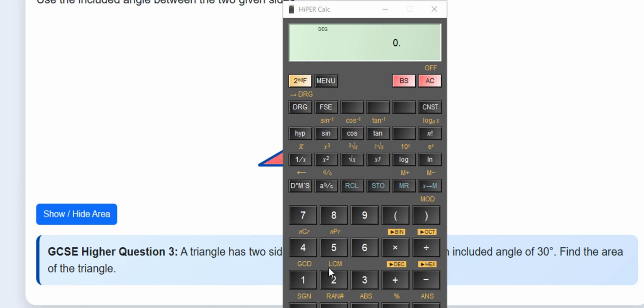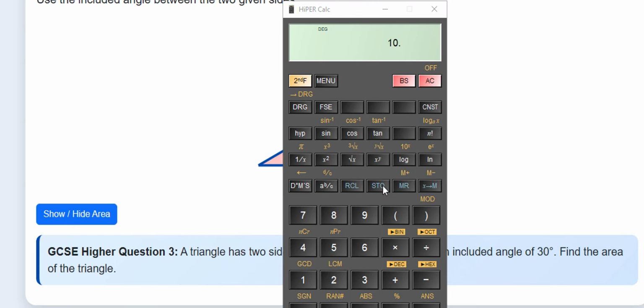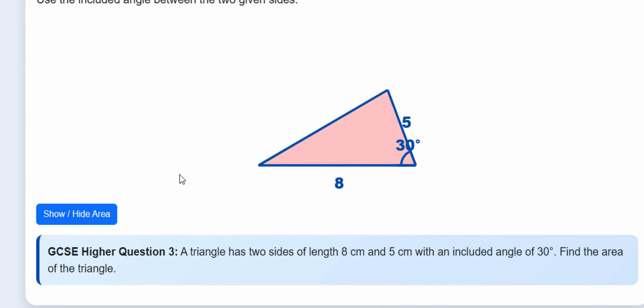It will be sine of 30 multiplied by 20, and the answer becomes 10. Here the answer is 10 centimeter squared. And that becomes the area of this triangle.